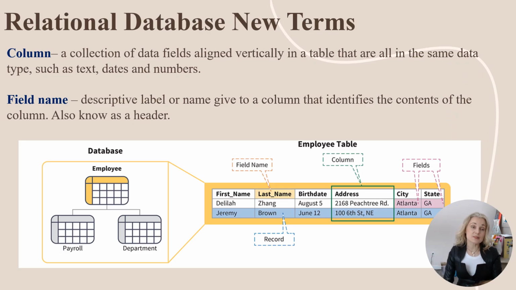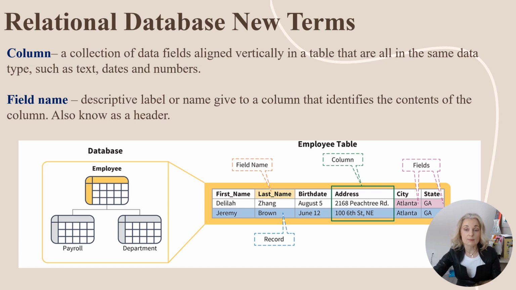Some new terms that we have to learn when we talk about databases are columns, which is a collection of data fields aligned vertically in a table that are all in the same data type, such as text, dates, or numbers.